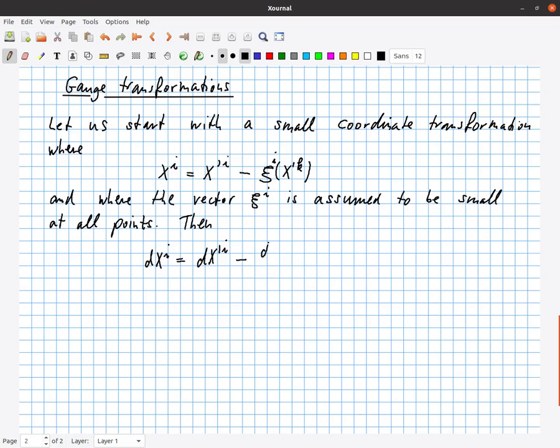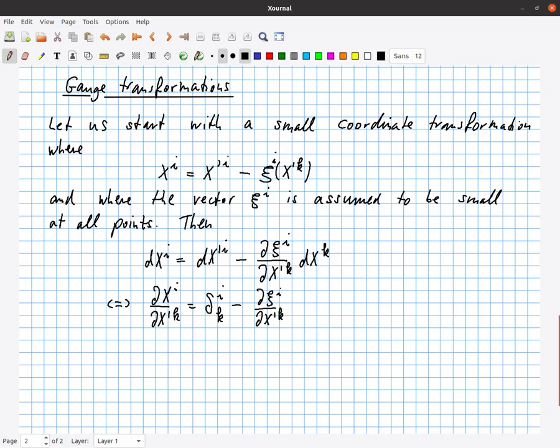So what we're having here is partial psi^i over partial x prime^k dx^k, which is equivalent to saying that partial x^i over partial x prime^k is delta^i_k minus partial psi^i over partial x prime^k.